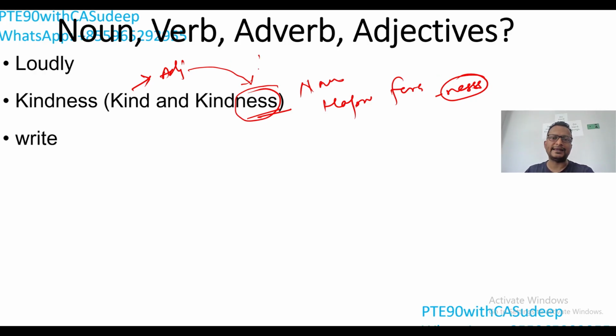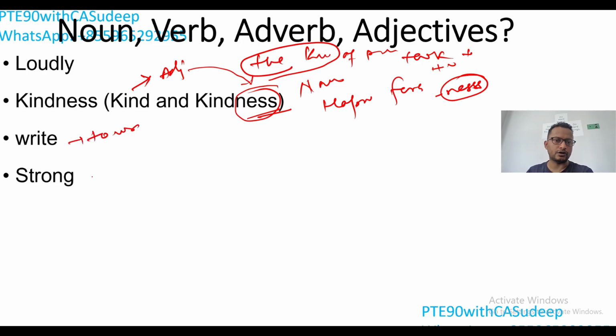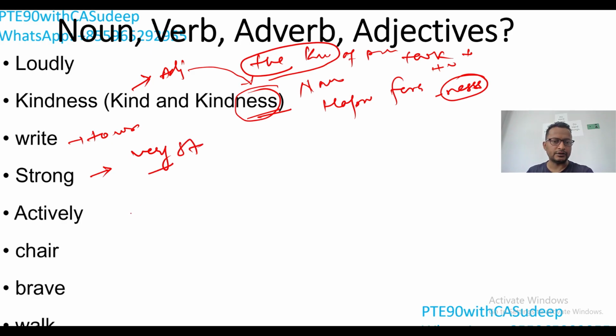For example, "the kindness of the president took us to a positive outcome." See, "the kindness" is perfectly making sense, right? So "to" right, then this is a verb. Strong, "very strong", right? This is an adjective.